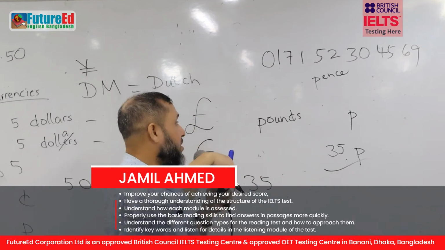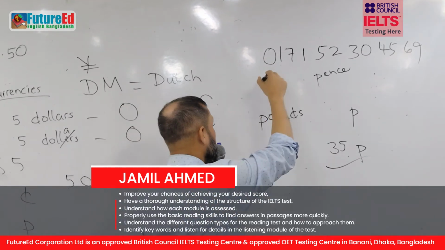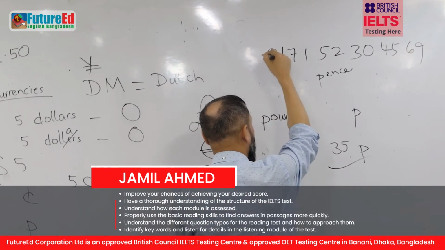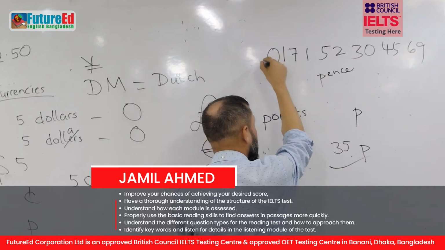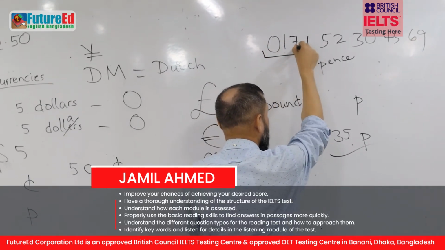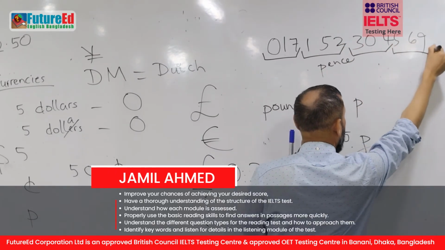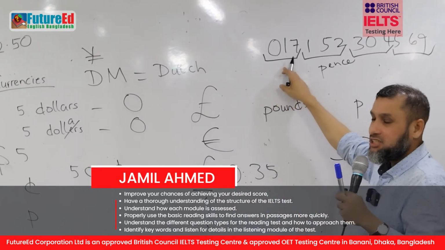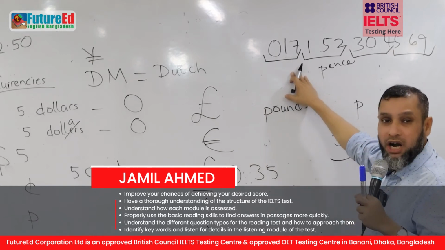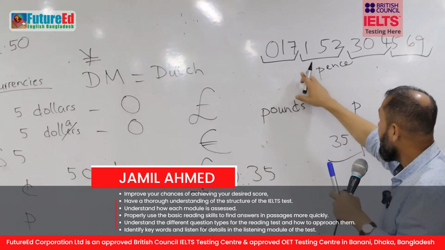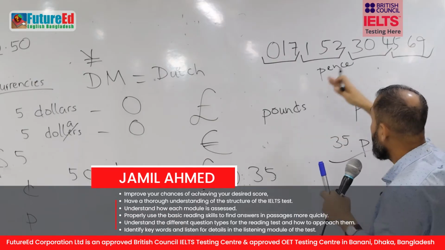If this is your number, usually a native speaker of English in the IELTS test would break it into groups of digits like this. So my number is 017. Then a pause. You hear a pause.